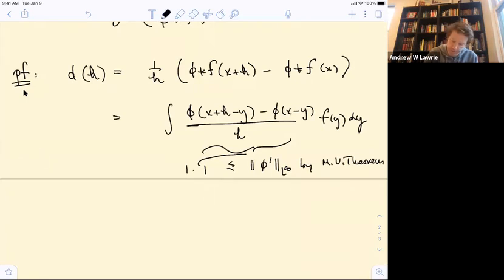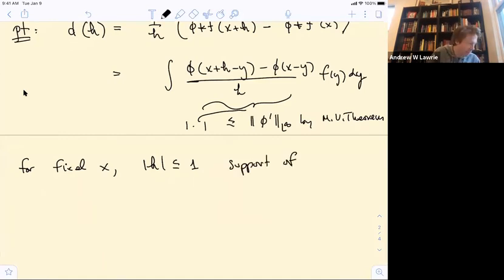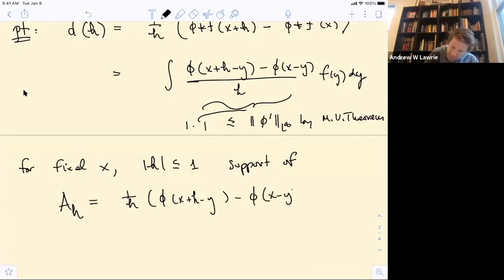So for fixed x, and h, say, just smaller than 1, let's call this A_h, which is 1 over h times phi of x plus h minus y minus phi of x minus y.